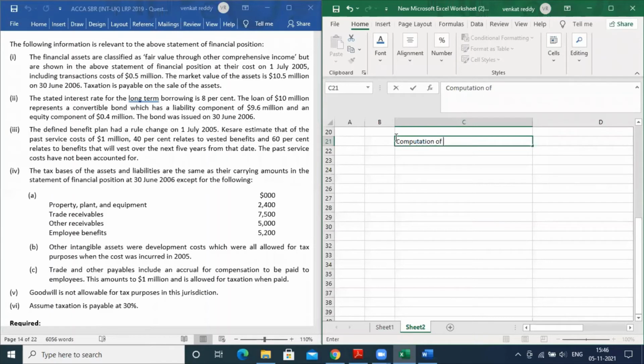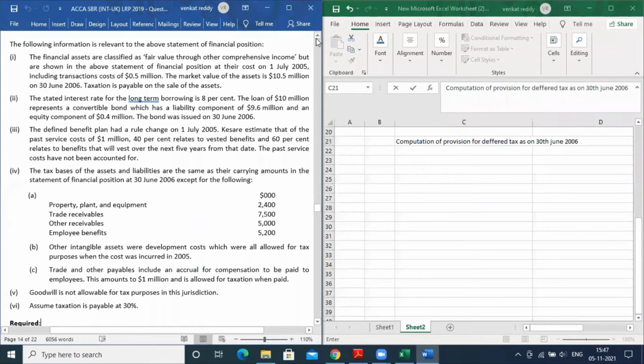I hope everyone can see my Excel sheet. So in order to calculate that, first we need to compare the value of assets as per the accounting base and as per tax.